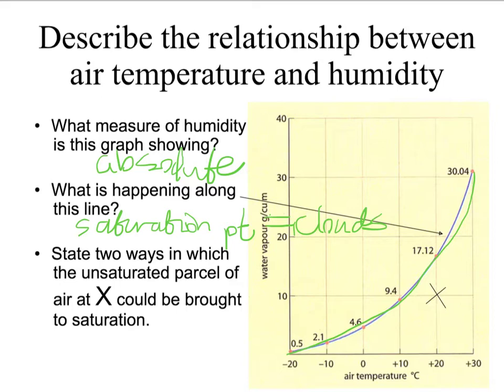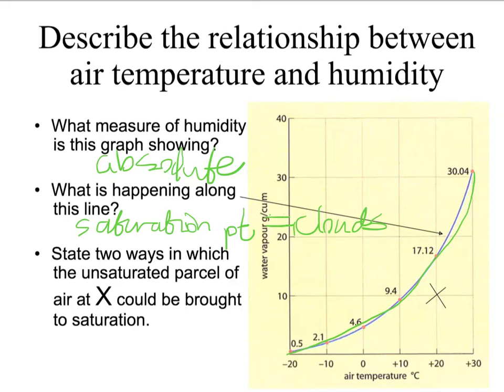So at 10 degrees Celsius, how much water vapour the air can hold is 9.4. You can see a quite clear relationship that with increasing temperature, the amount of water vapour that the air can hold increases also, almost exponentially, I think you'll agree.